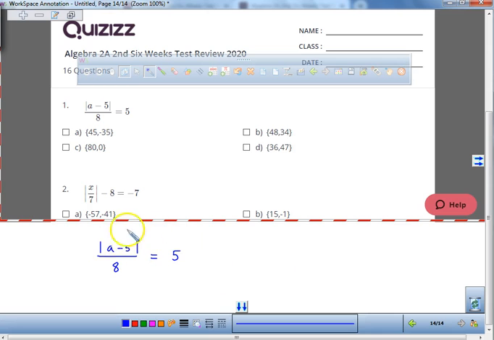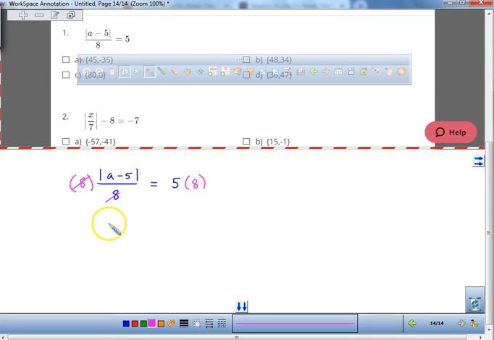Now, in an absolute value expression, when it's being divided by an 8, to get it by itself, you need to know that you can multiply both sides by an 8 to get the absolute value expression by itself. So these will cancel out, and we're left with the absolute value of a minus 5 equals 40.